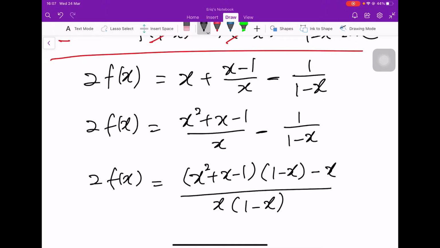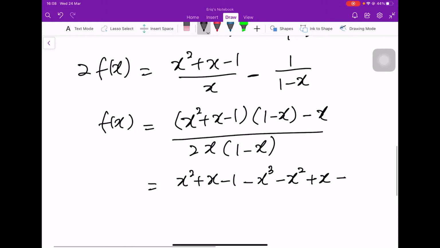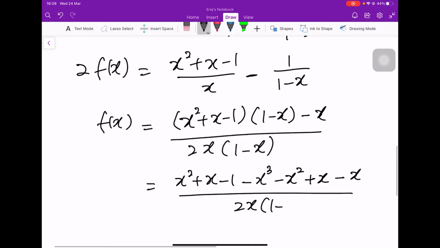And maybe I can just move the 2 over to save one step. So it will just be x squared plus x minus 1 minus x cubed minus x squared, then plus x. Be very careful with the sign, okay? Then, oh, I have one more minus x at the back, over 2x times 1 minus x.